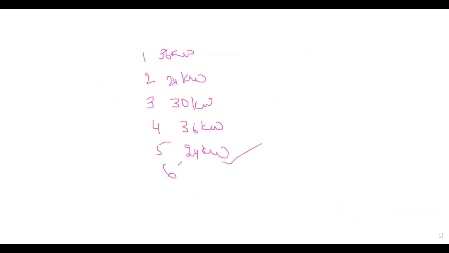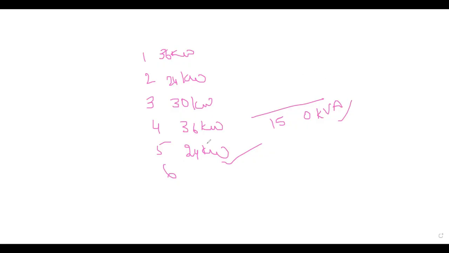Let's take these 36, 24, 30, 36, 24. If you sum it up, 150 kVA. So 150 kVA is the installed capacity of the system.